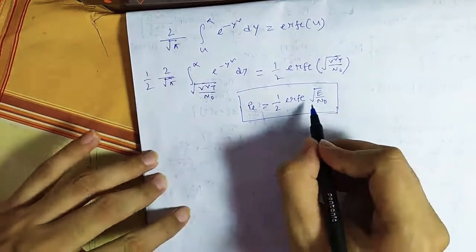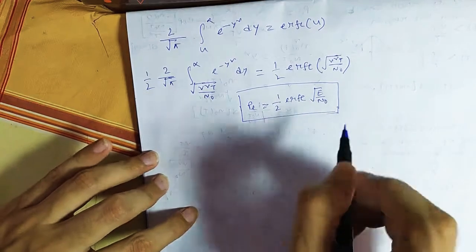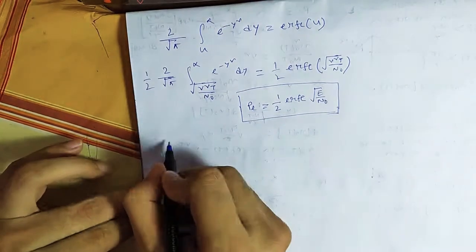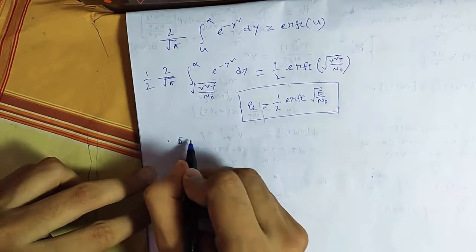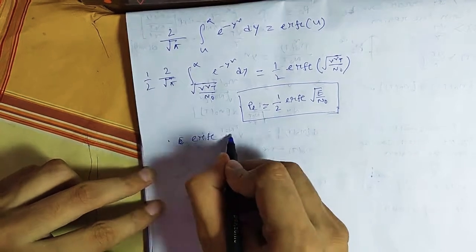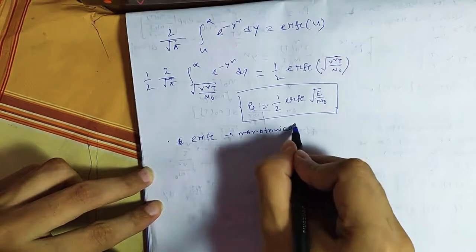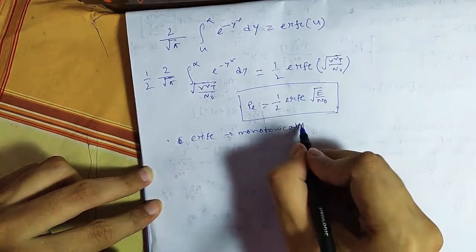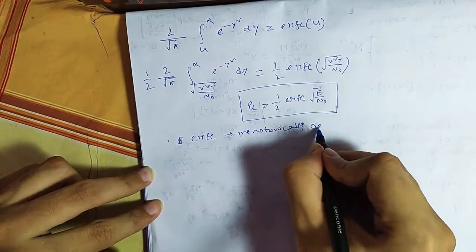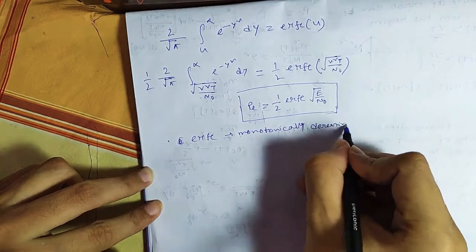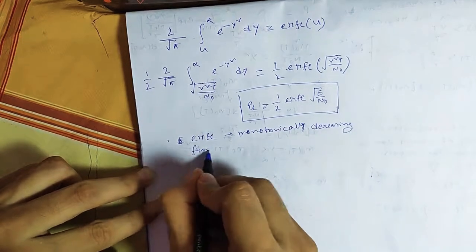Now ERFC is a monotonically decreasing function.